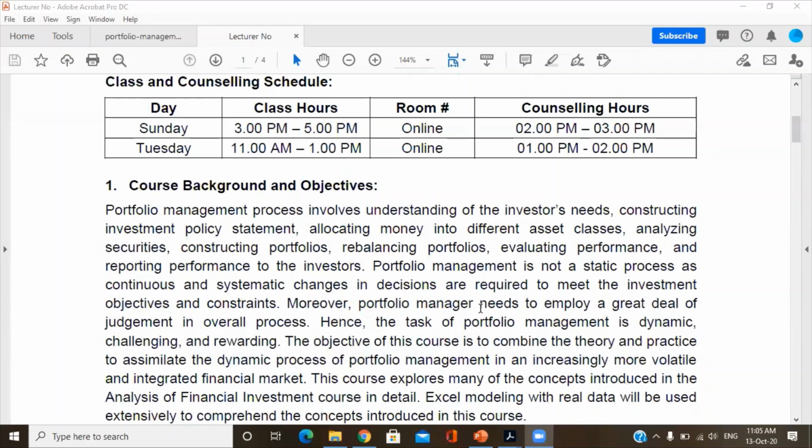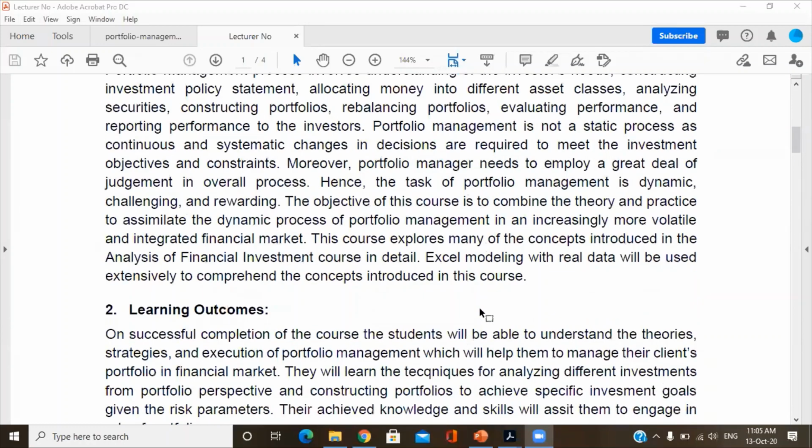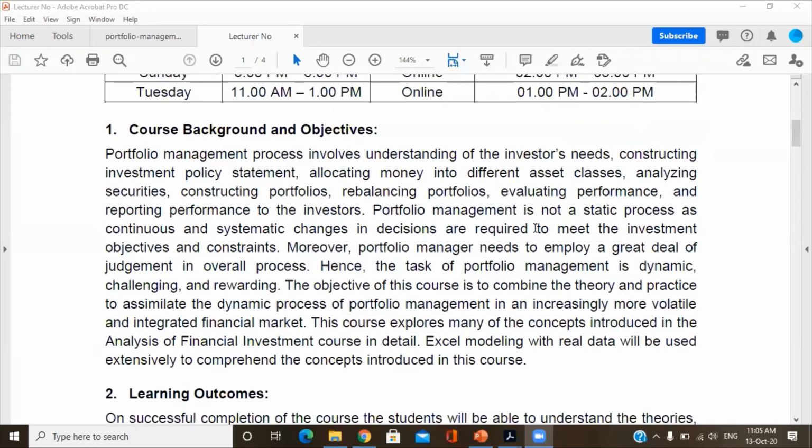It's about managing portfolio. As I proceed, you will get it clear what we are trying to learn and what our course objectives are.